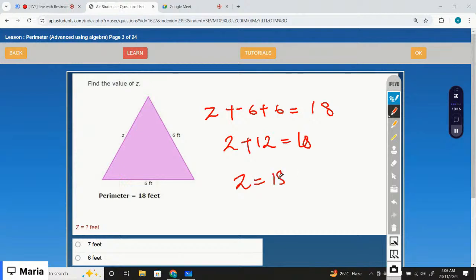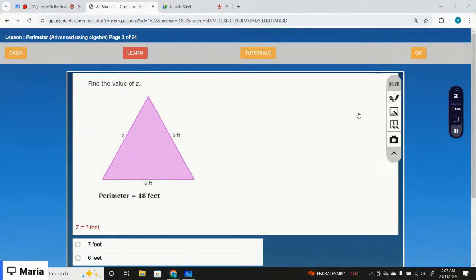So that is z equals 18 minus 12, and 18 minus 12 is 6. Correct option is option number 2, that is 6 feet.